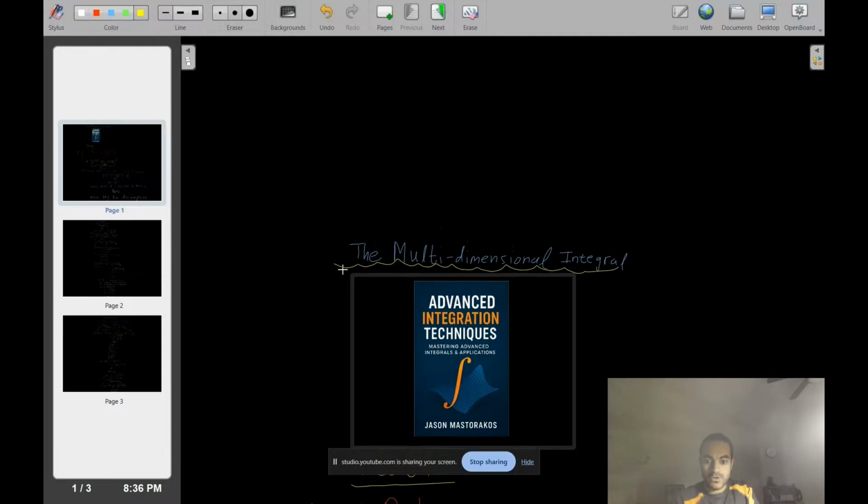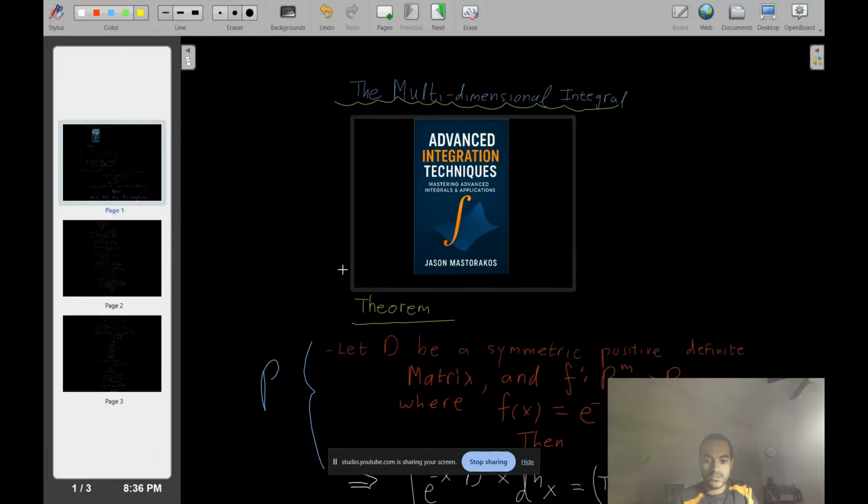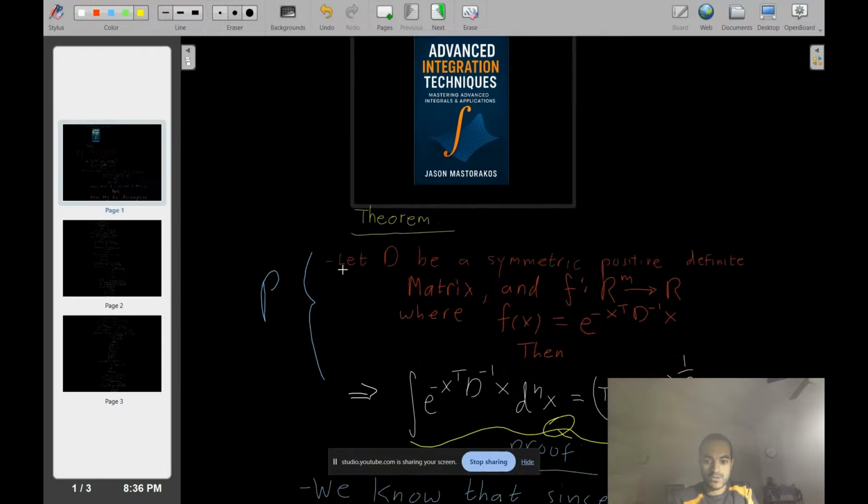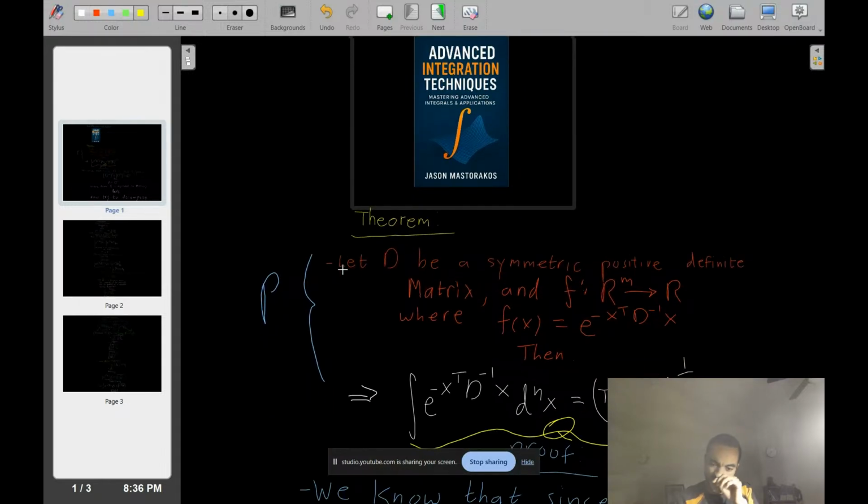Okay, so we are going to look at this weird integral here. The integral of e to the negative x transpose D inverse x d^n x equals pi to the n over 2 times the determinant of D to the 1/2. So that's what we want to prove.